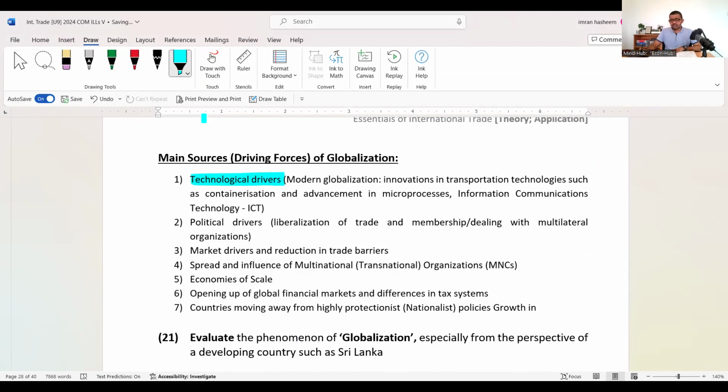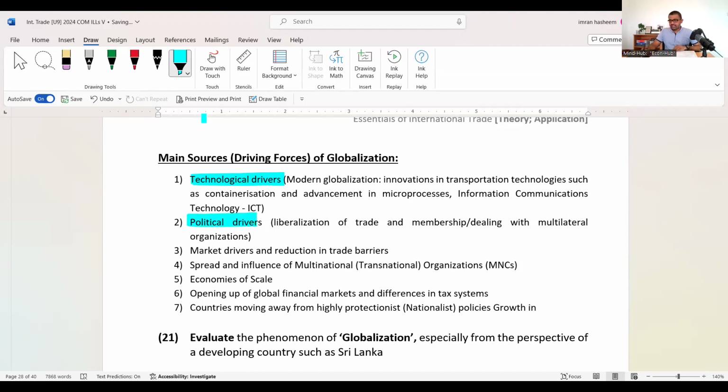All types, sorts of technology. Advancement in microprocessors, them becoming very small so that we can easily carry around and install devices with us that we can connect, and information communication technology, all of that. Technological drivers are very big.